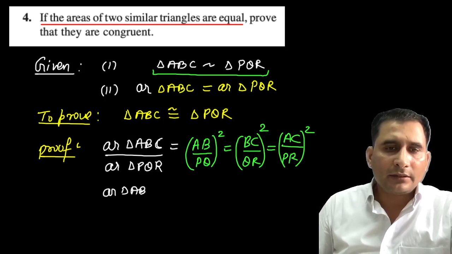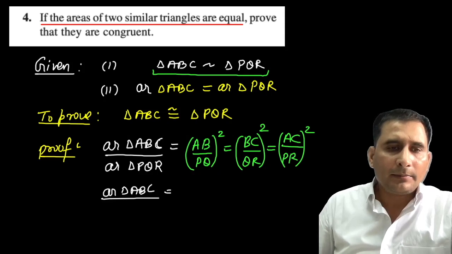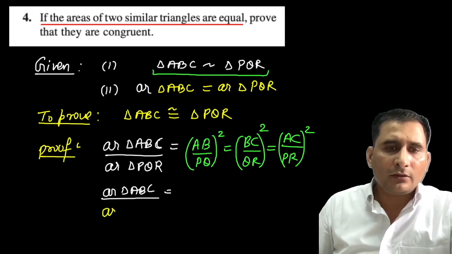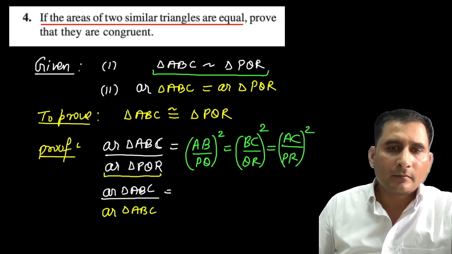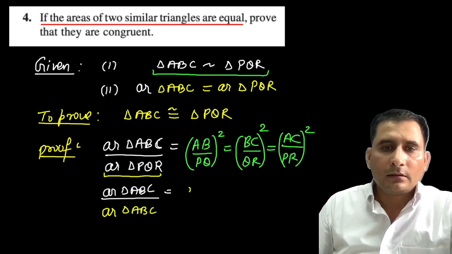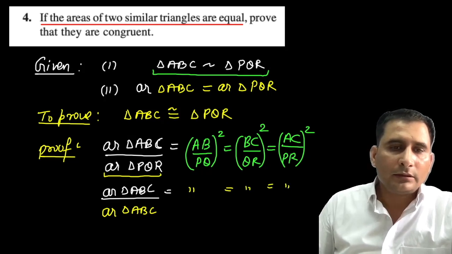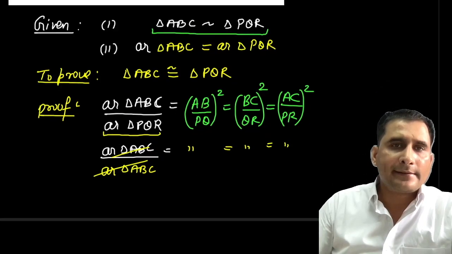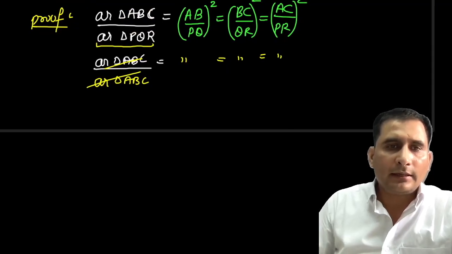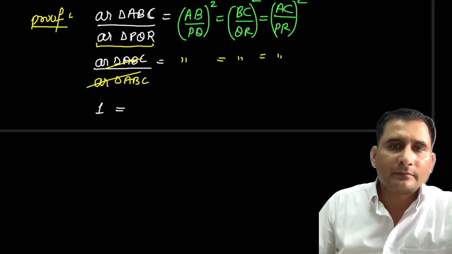What is the second condition given in the question is, at the place of area of ABC, can I write area of PQR की जगह पे ABC लिख सकता हूं मैं? Yes, sir. And this thing is same. So this area cancel this area. So what I have obtained here? I have obtained 1 on this side. AB upon PQ square.